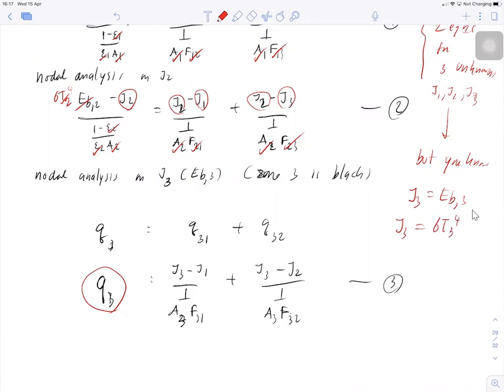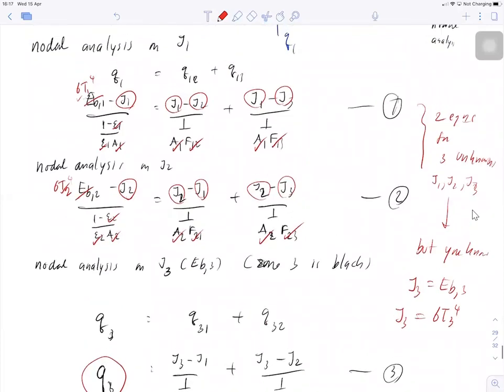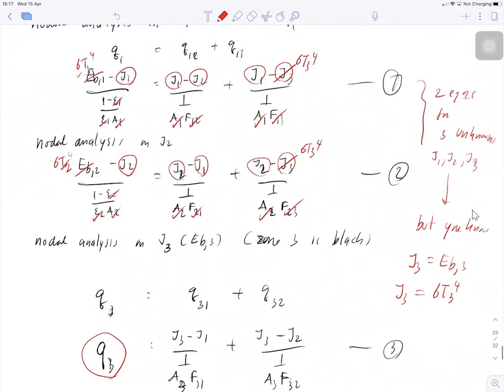So substitute this sigma T3 to the 4th, right? So now it's not just two equations with unknowns. It's three equations with two unknowns, J1 and J2.